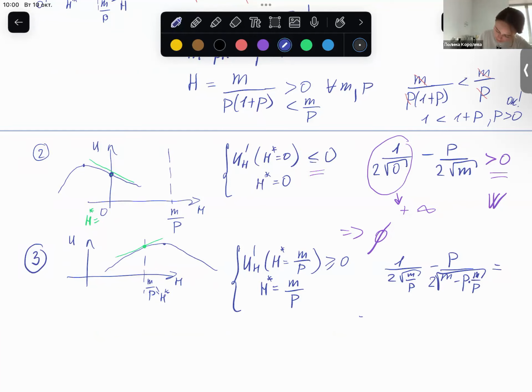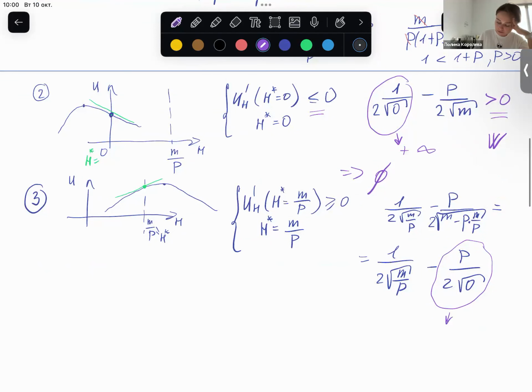So let me write down this here. 1 over 2 square root out of m over price minus price over 2. And you see here is 0. And the second part, you see it is close to, let's consider this with minus. This part is close to minus infinity.